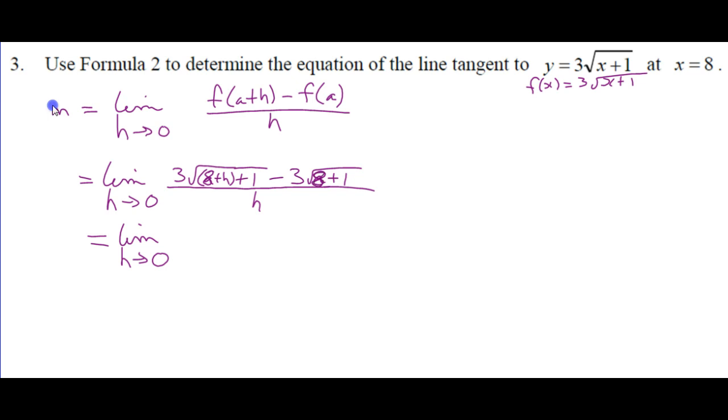There. That's nicer, right? Okay, so let's clean that up a bit. So what do we got? 3 root 9 plus h, yeah? Minus what? 3 root 9. But what's another way to say root 9? Yeah, 3. Times 3 is 9. Okay, there we go. Cleaned up.